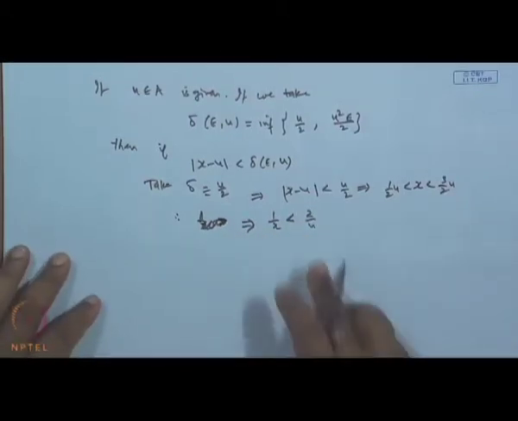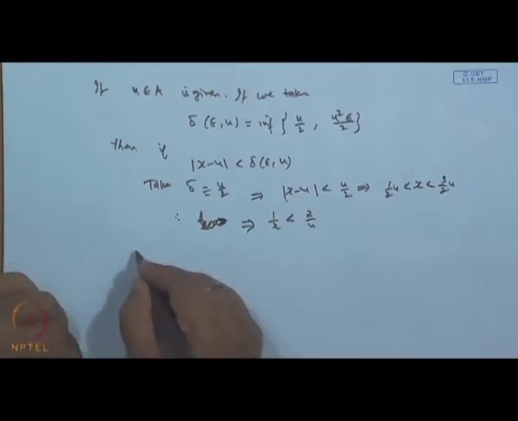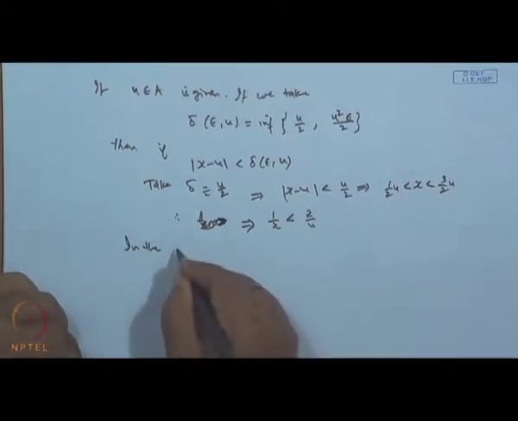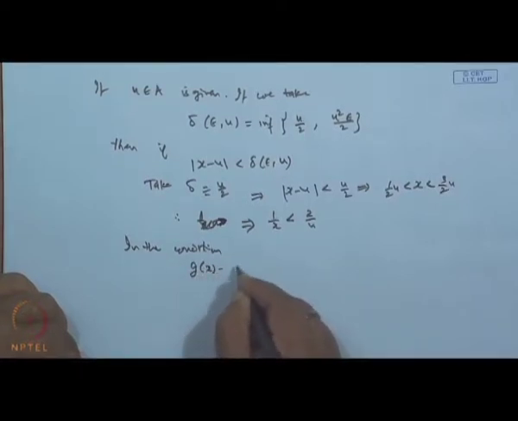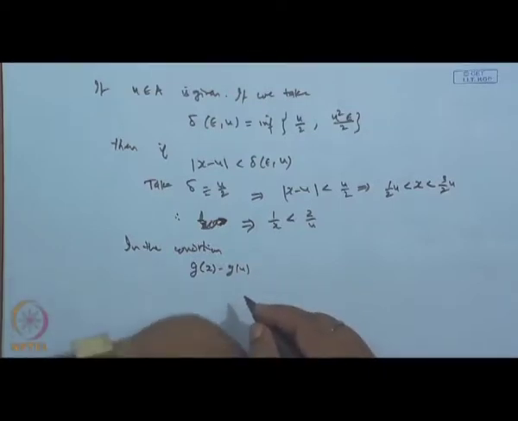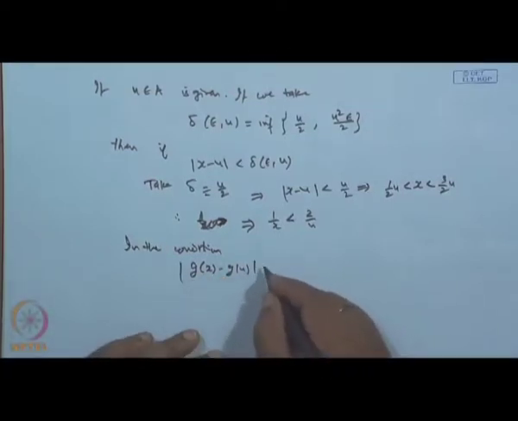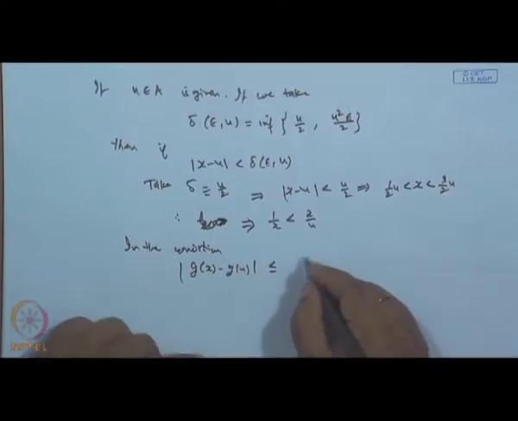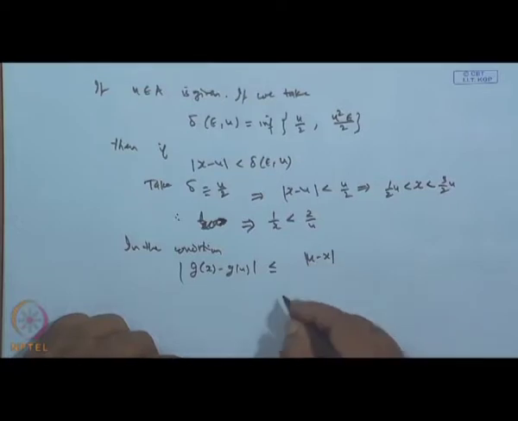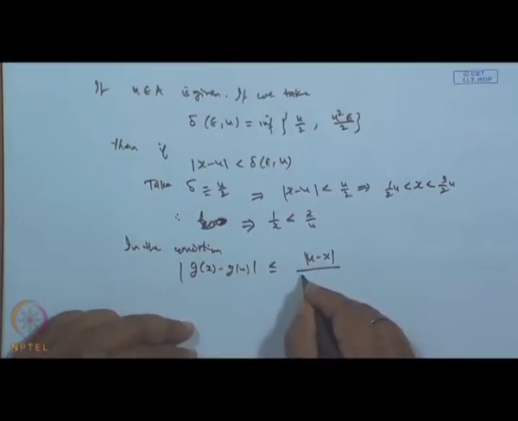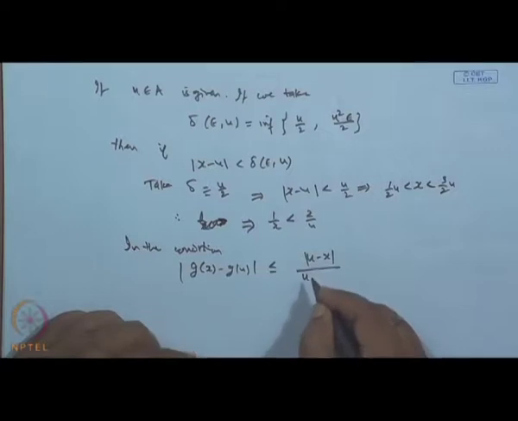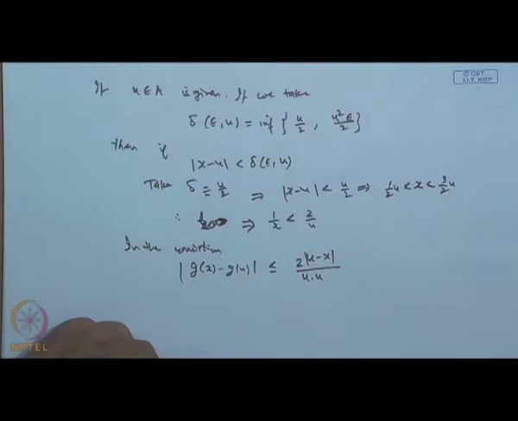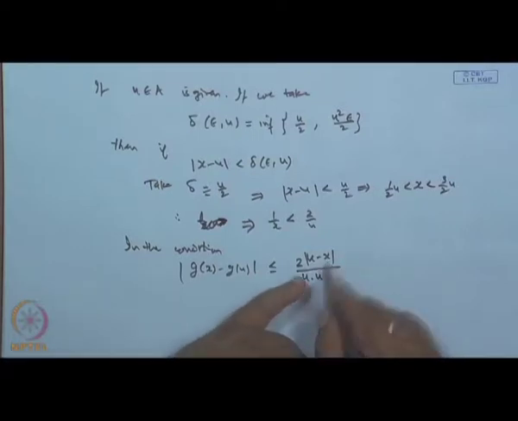From here, in the condition which we have taken as g(x) minus g(u), in this case what we get is that the mod of this is less than or equal to |u minus x| over ux. Since 1/x is less than 2/u, it becomes 2/u squared into |u minus x|.